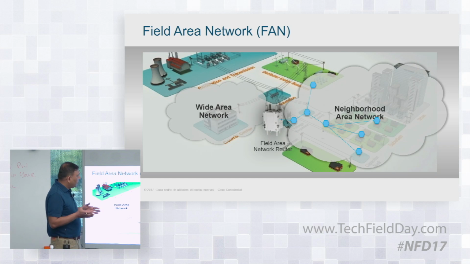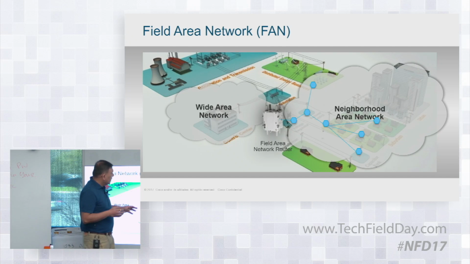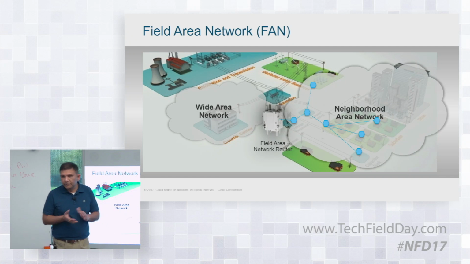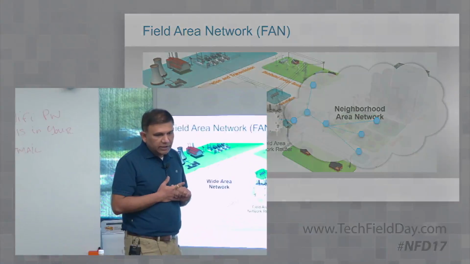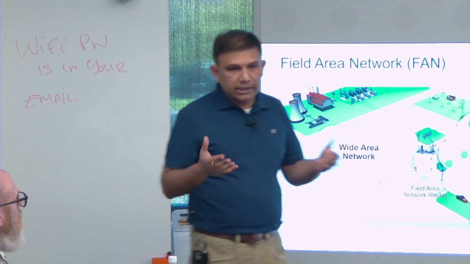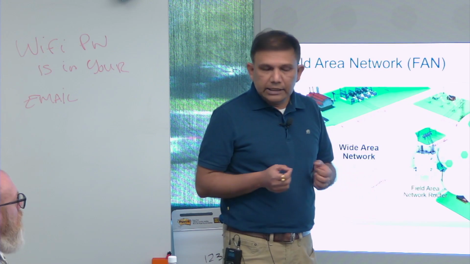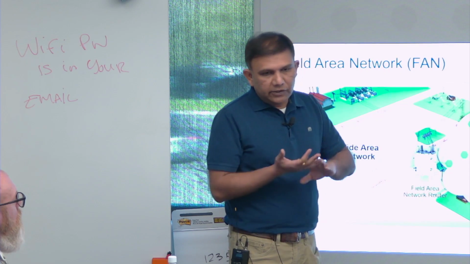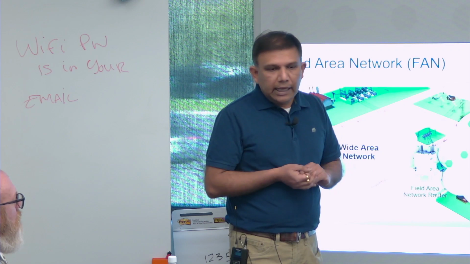So the scope of FAN is really not on the transmission side. Let me just put it that way, right? It's the field area side of it. And the particular characteristics, as Felix mentioned, is you have a variety of devices with varying networking needs, from varying levels of bandwidth to latency.